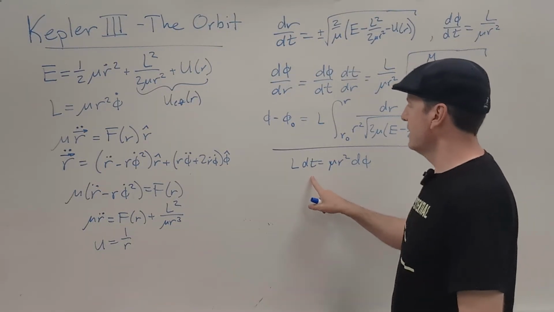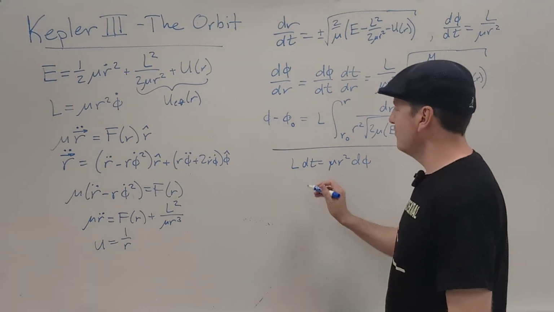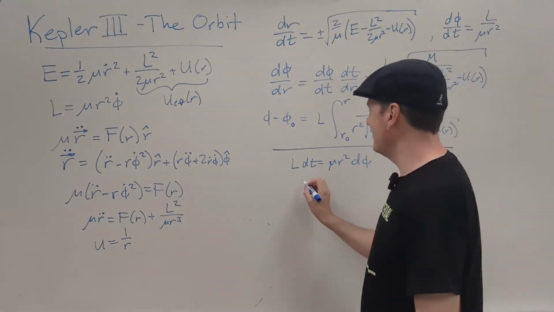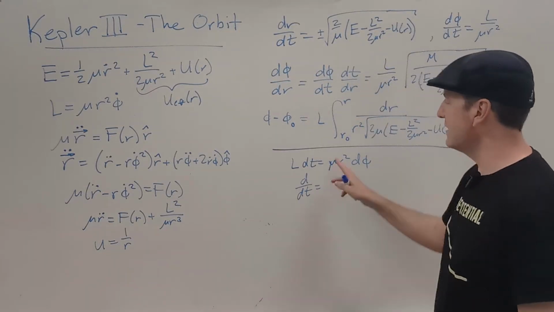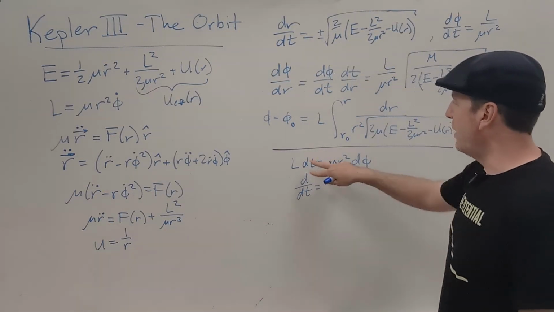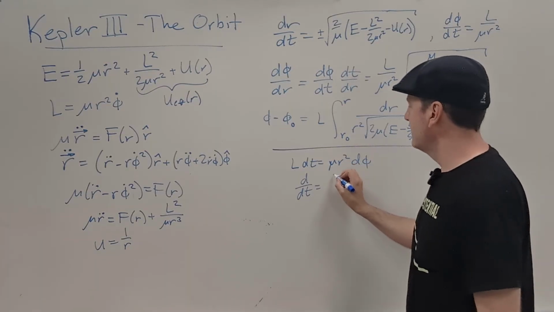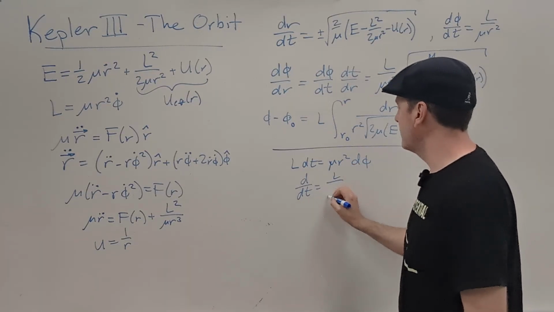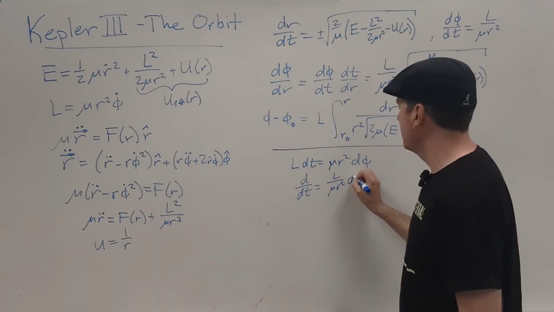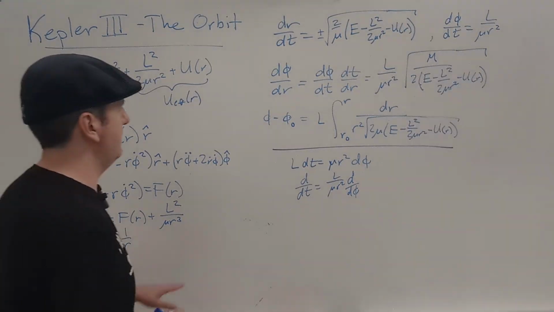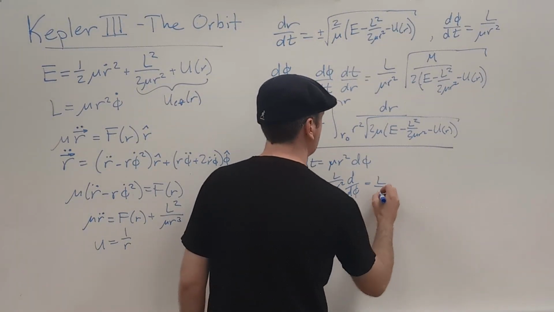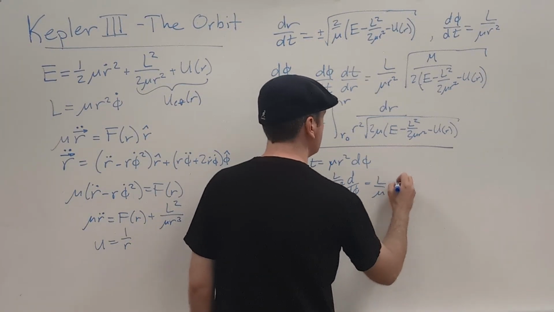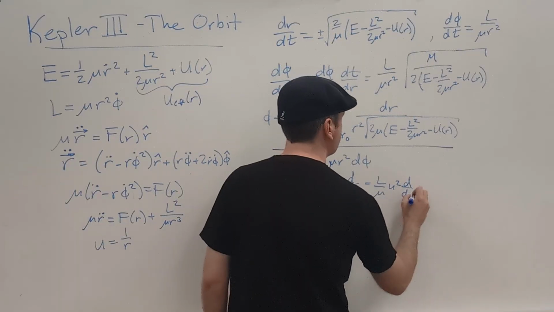So first off, let's notice that by a slight abuse of notation, but it works, I can rewrite a reciprocal version of this. It's got a d/dt here by dividing out and then L over mu r squared d/d phi. And then to connect with our previous notation, that's L over mu u squared d/d phi.